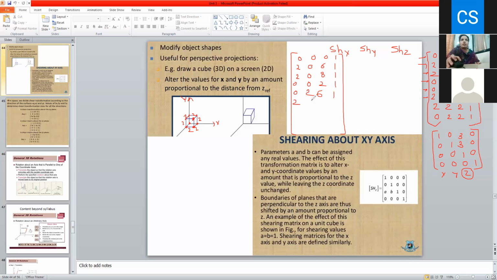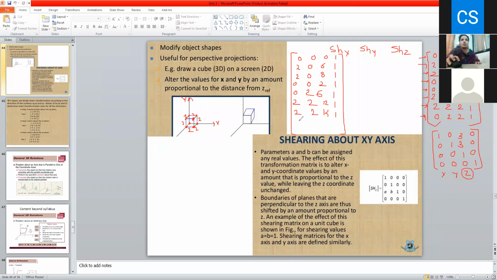This multiplied by second is equal to 2. This multiplied by third column is equal to 2 into 3, 6 plus 2 into 3, 6 plus 6, 12. So here I will be getting 12, here 1, and then next is 2 2 2 1. So 2 as it is, here also 2 as it is, and this multiplied by this is 2 into 3, 6 plus 6, 12 plus 2, 14. This is 14, this is 1.